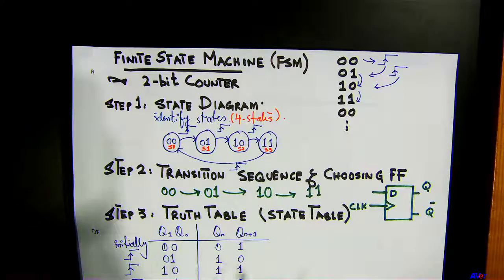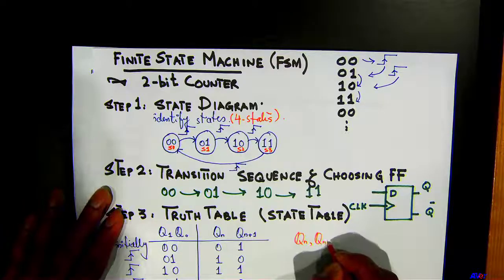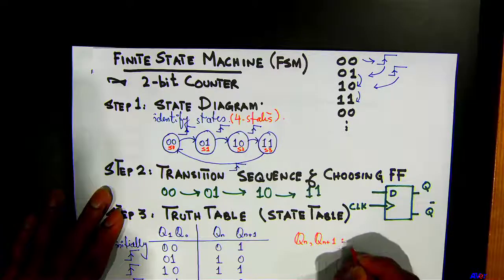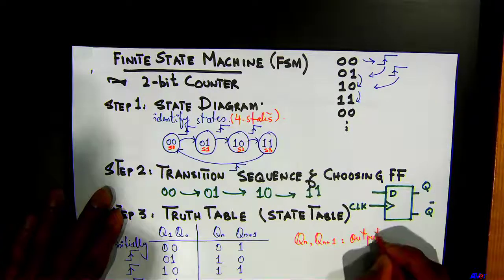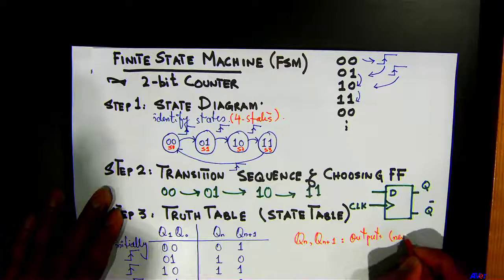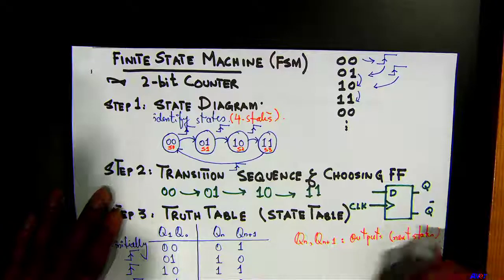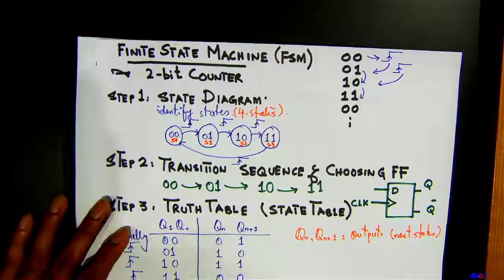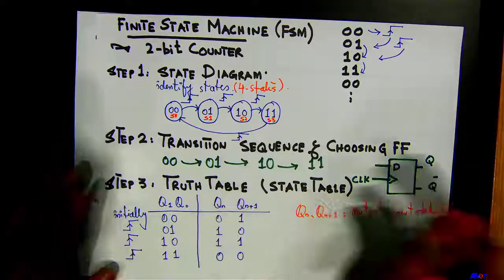Remember, Qn and Qn plus 1 here are our outputs, next states, and these are just variables, folks. You can name them whatever, D1, D0, or Dn, Dn plus 1 or whatever.